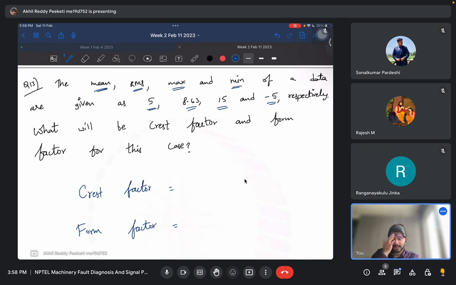Given the mean, RMS, maximum and minimum, how can you estimate the crest factor and the form factor? Anyone?